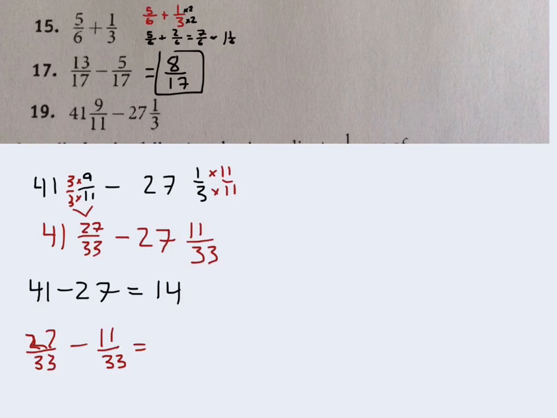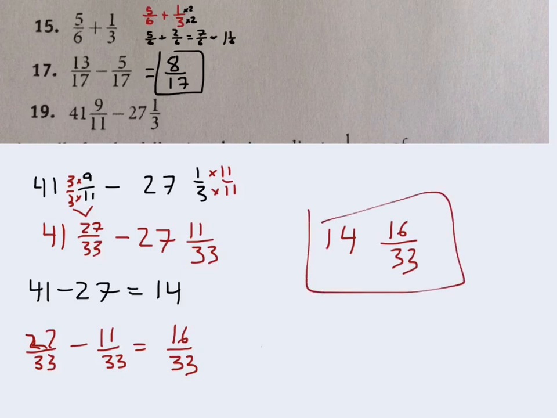What does that equal? 27 minus 11 is 16 over 33. We can't actually reduce that, so we put that together. Let's just write it here: 14 and 16/33rds. Okay? So that's how we do that.